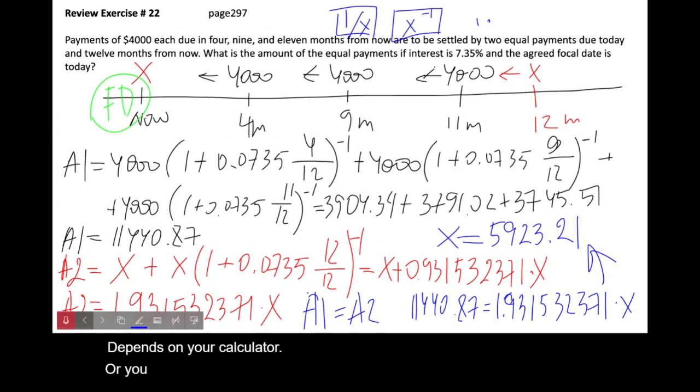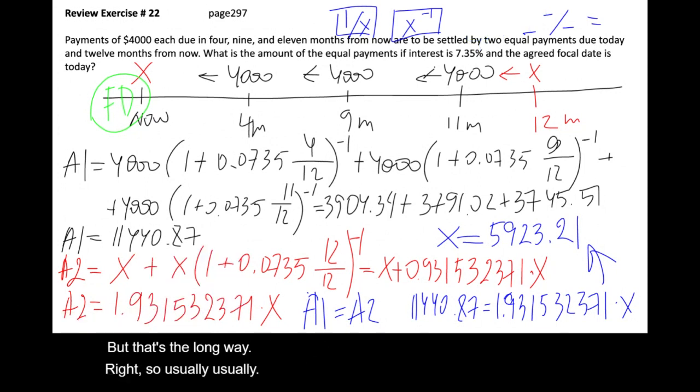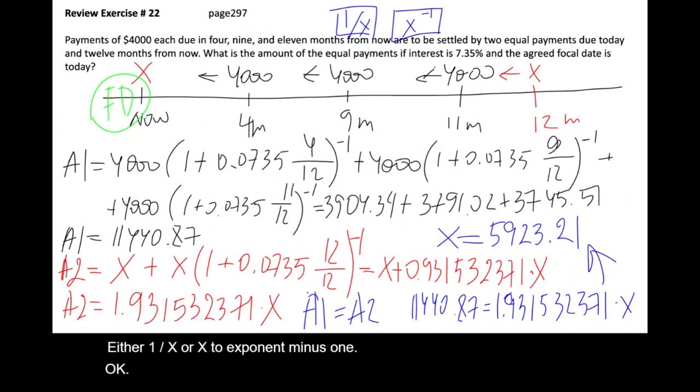Or you can use y to the exponent x, then 1 plus-minus, equals. But that's the long way, right? So usually you have either one: 1 over x or x to the exponent minus 1. Okay?